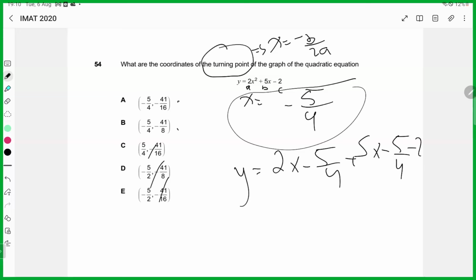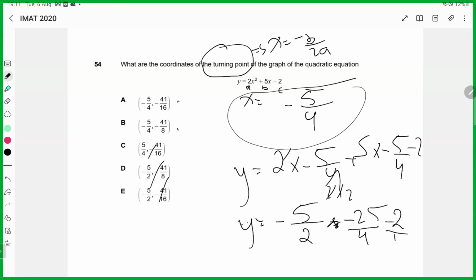So we end up with y equals, times 2, minus 5 over 2, and plus 5 times minus 5, so minus 25 over 4, minus 2. And of course over 1, we multiply by 4, we multiply by 2, ending up with y equals minus 41 over 8, and we can choose B.